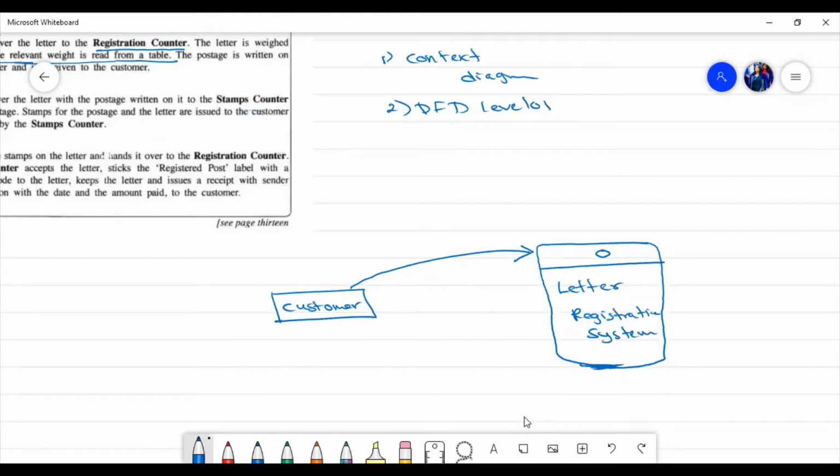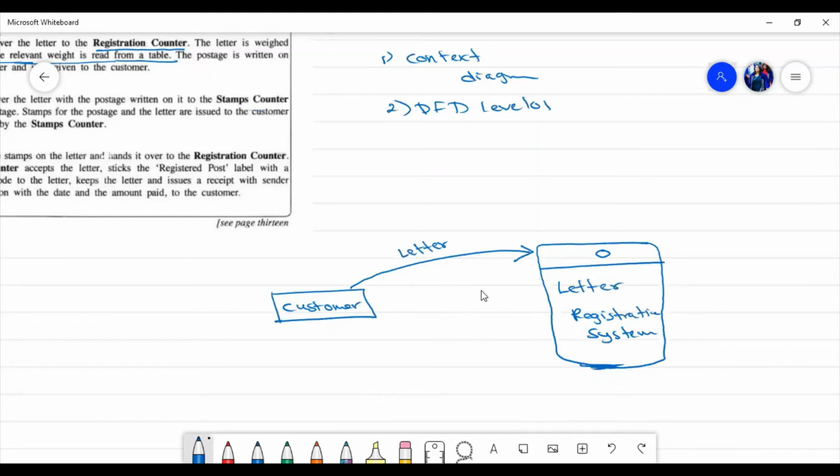What the customer gives is the letter. So the idea of this arrow is that there's an information flow from the customer side to the system. And what is the information flowing? That's the letter.